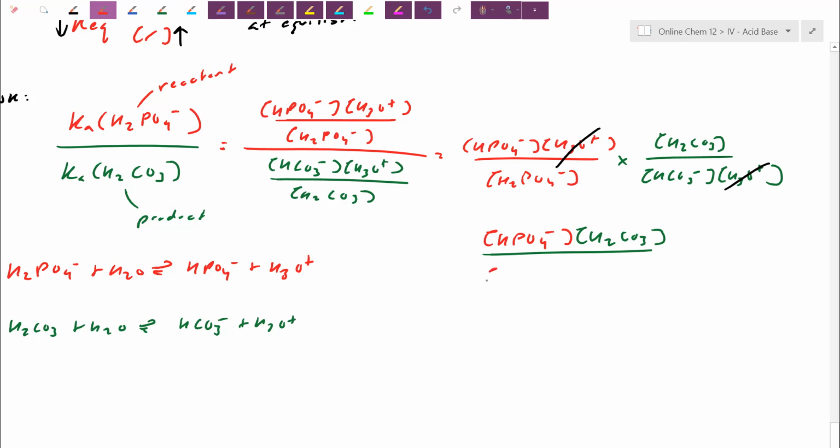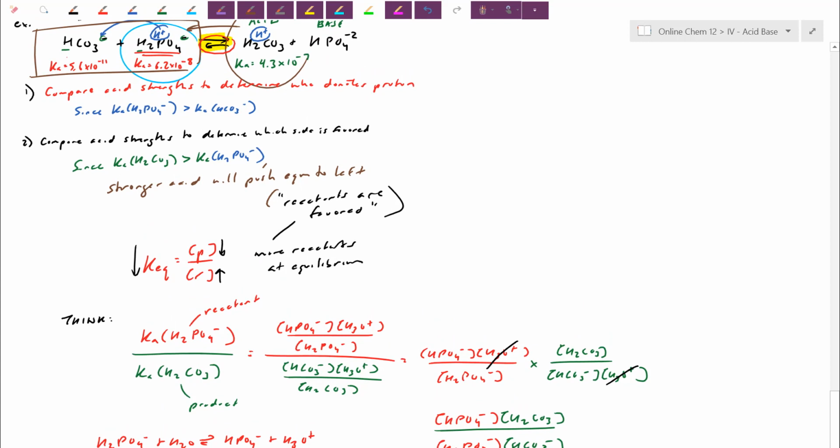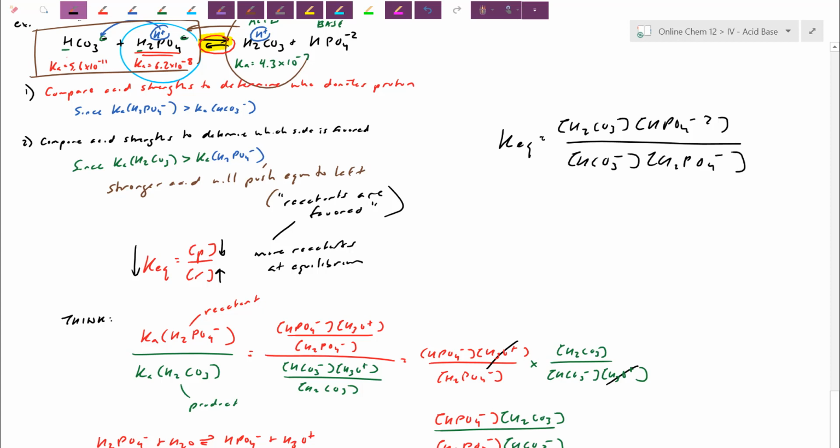If you look at this one here, H2PO4 minus multiplied by HCO3 minus, compare it to our big equation here. If I did products over reactants for this expression, my KEQ would have been H2CO3 times HPO4 minus over HCO3 minus times H2PO4 minus, and that is an exact match of what we just found.